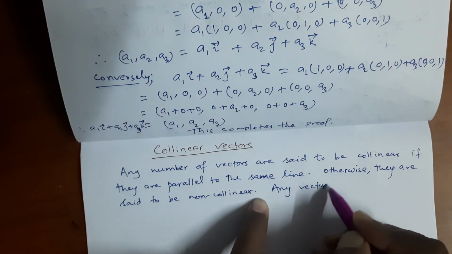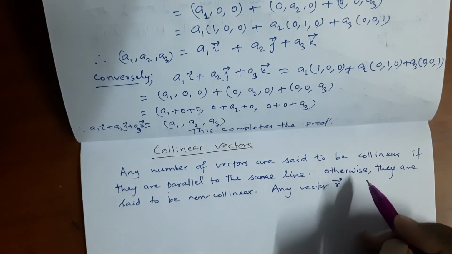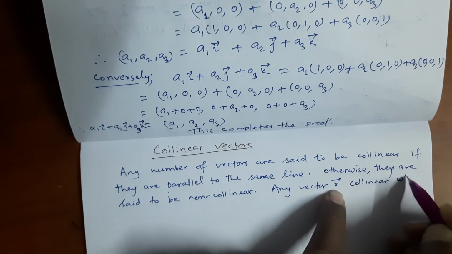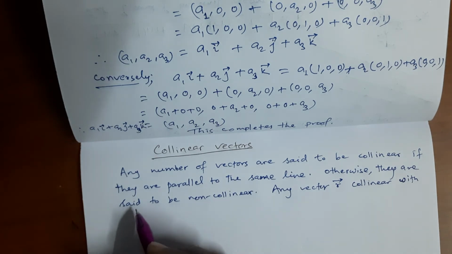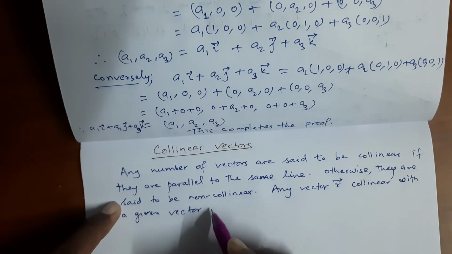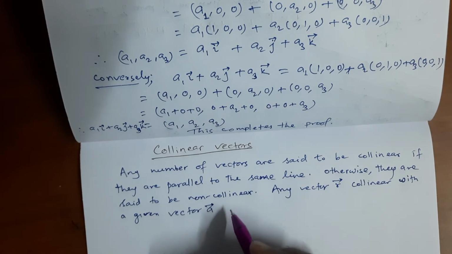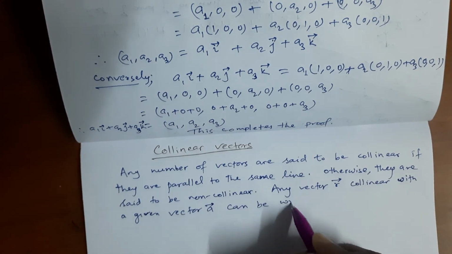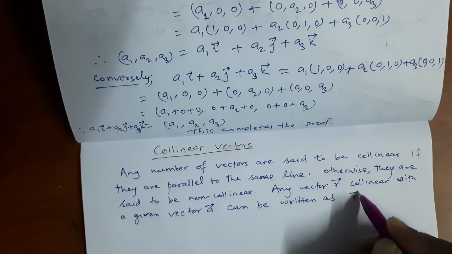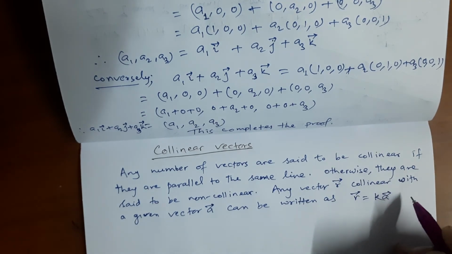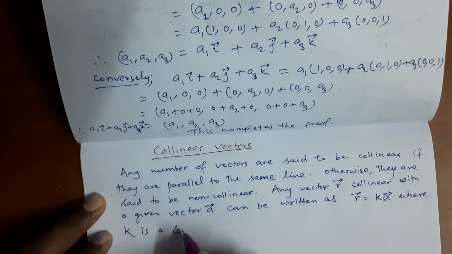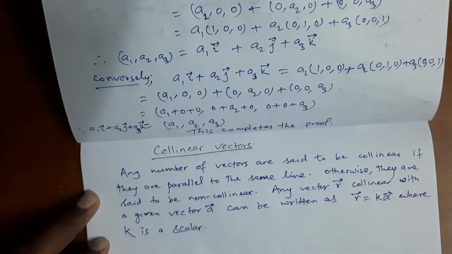Any vector collinear with a given vector A can be written as r equals k times vector A, where k is a scalar.